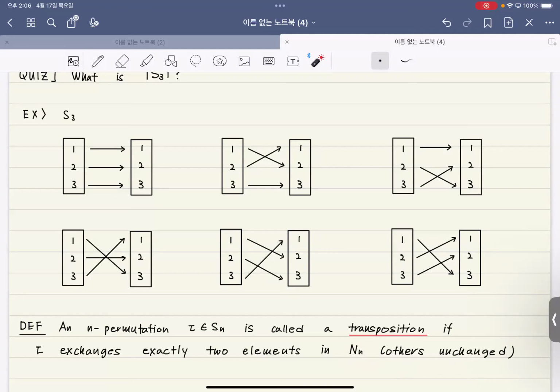In this picture, I think these three are transpositions, but this one and that one are not. Everything just carries over from domain to target, except for the two elements. So this is a transposition.